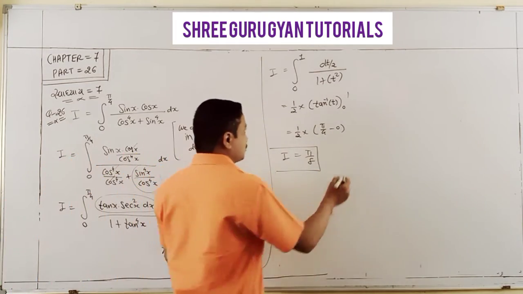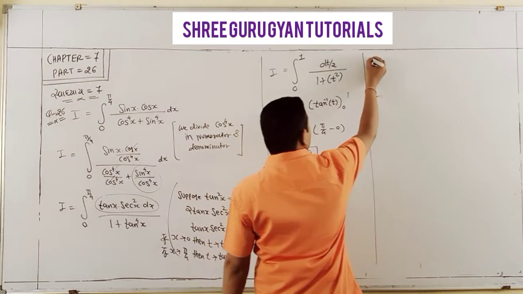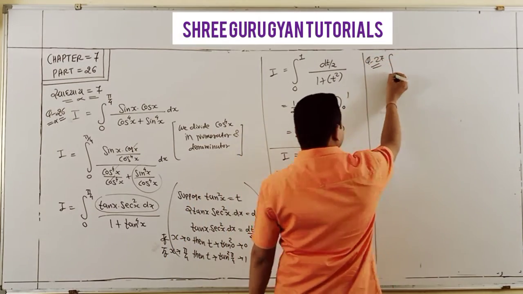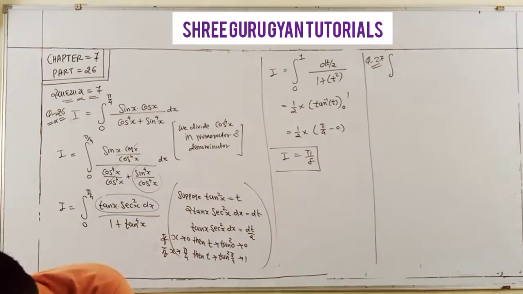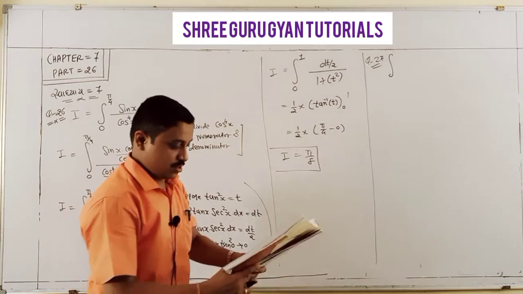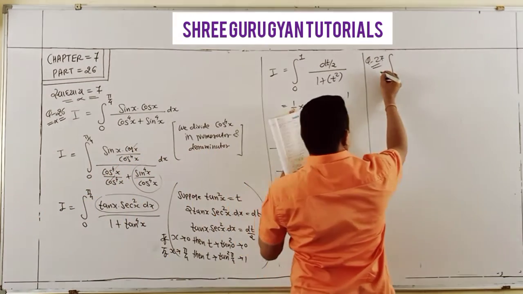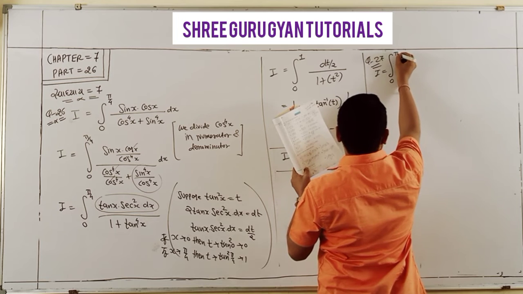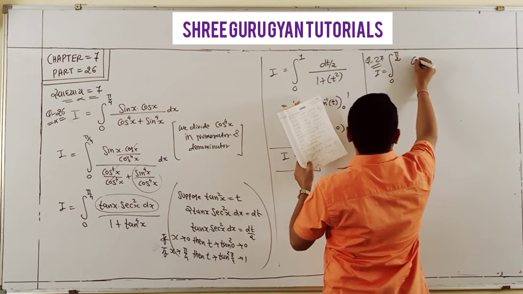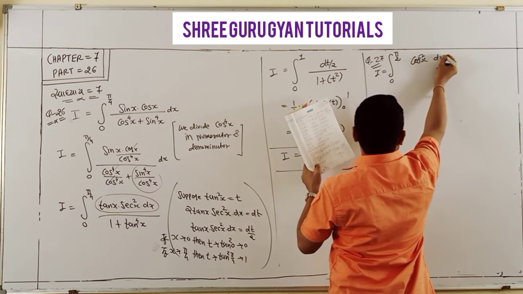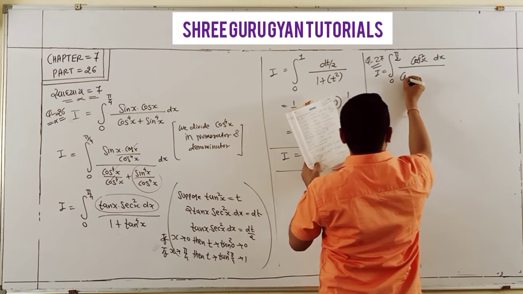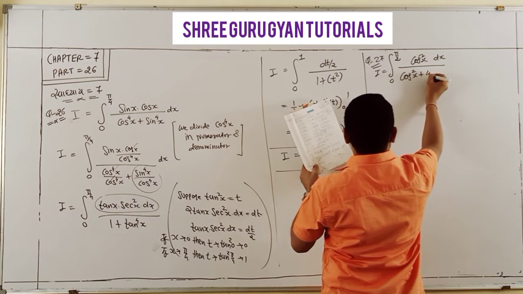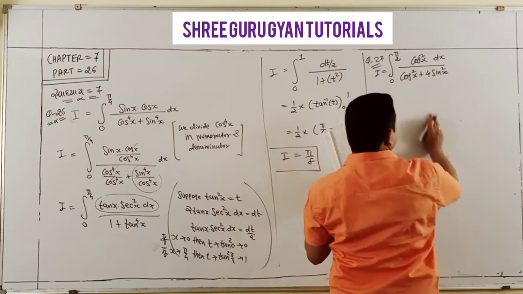Now next, question number 27. Integration, similarly going ahead, 0 to pi by 2 of cos square x dx below cos square x plus 4 sin square x.